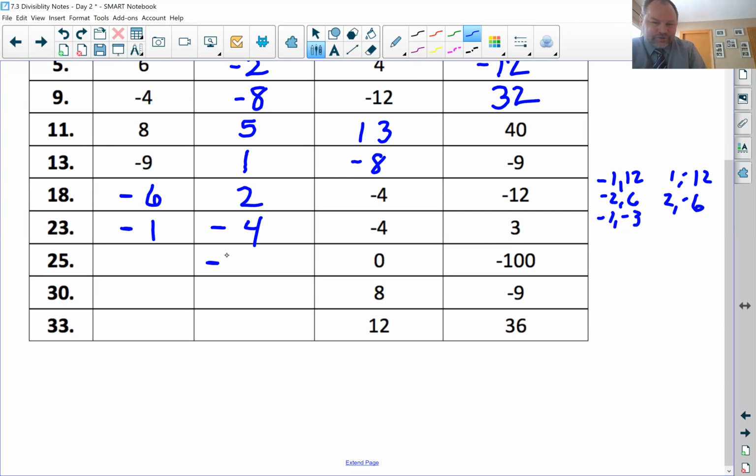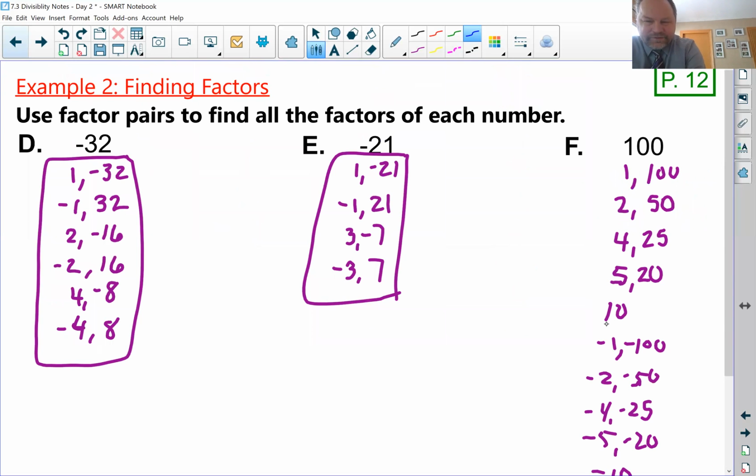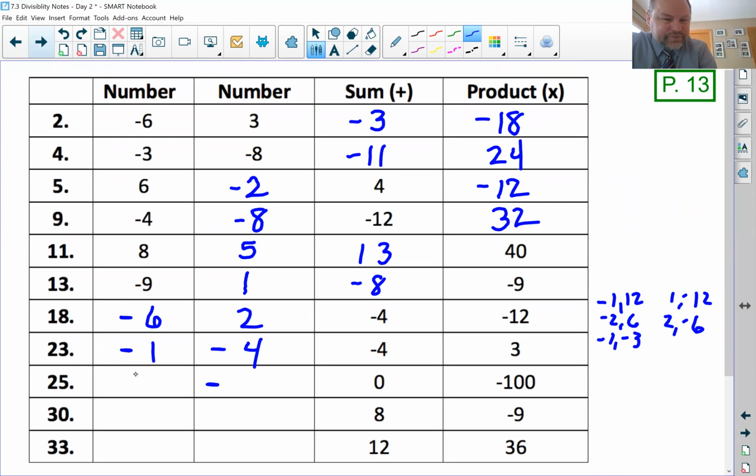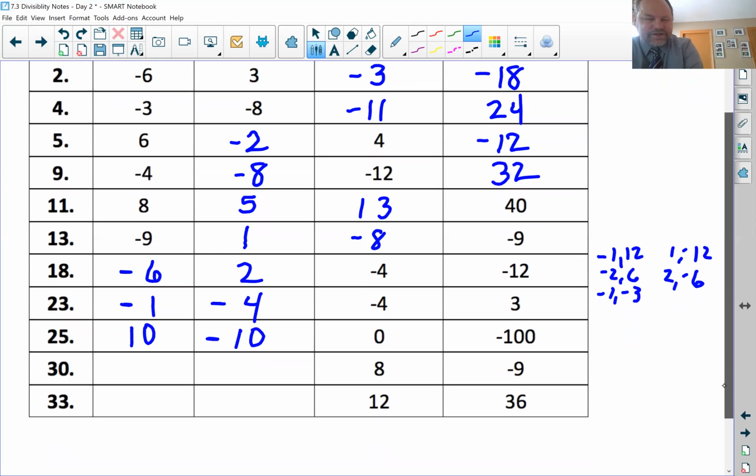And again, if you're not sure, start with 1 and -100. Or we did 100 back here. So I'm just going to scoot back. Actually, we did +100. But 10 was a repeated factor. So if I have +10 and -10, that adds to 0 and multiplies to -100.